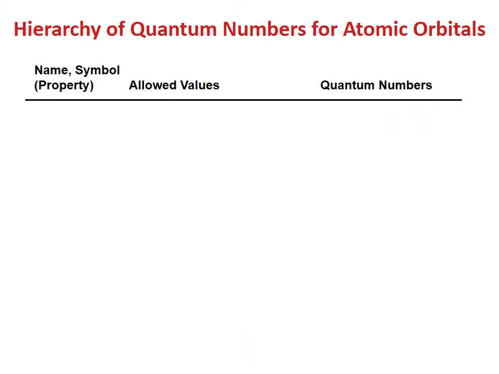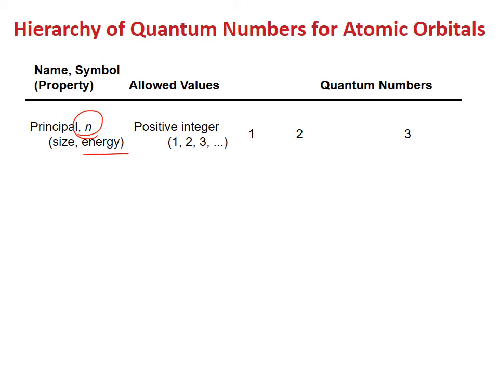Let's summarize the quantum numbers for hydrogen atomic orbitals. The principal quantum number n determines the energy of the system and gives you the relative size of the orbital. The possible values are positive integers, 1, 2, 3, and so on.